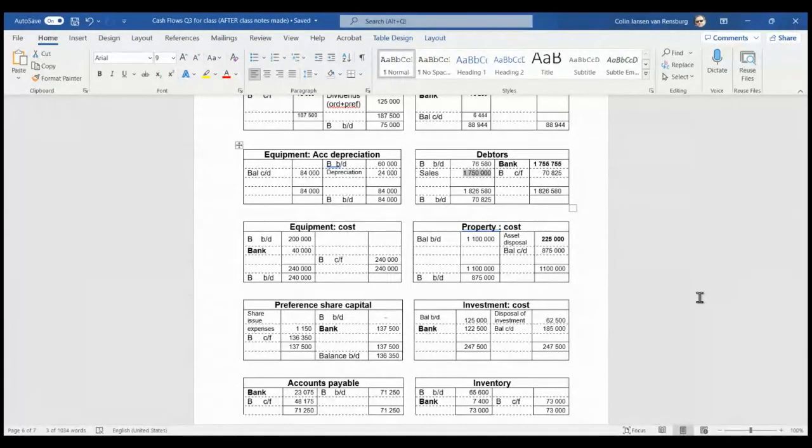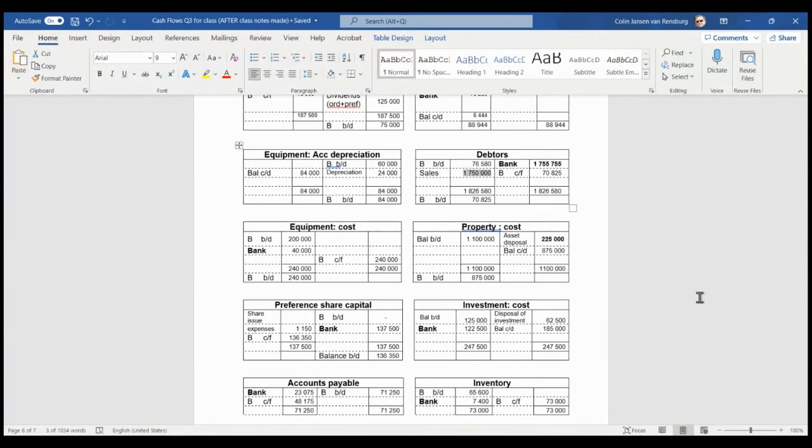So every time that a debtor pays us, and remember this is in summary, every single time that the debtor makes an EFT into our bank account, we're going to debit the bank account and we're going to credit debtors. On the first day of the month, on the second day of the month, every time. In total, all of those will be similar transactions.